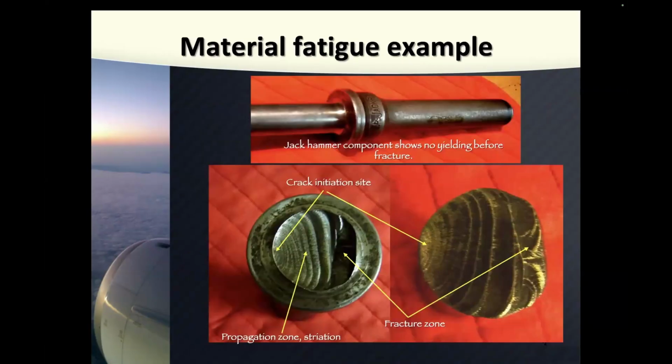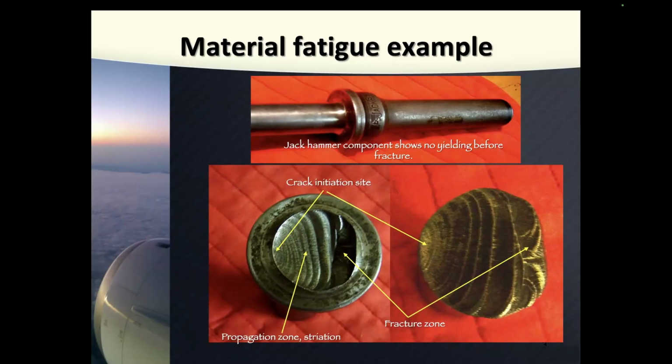You can see here some examples of material fatigue. This jackhammer component shows no yielding before fracture. But when we look at the cross-sectional area, we can see where the crack initiation site is. For some reason, this laser is not working. Okay, never mind. The crack initiation site is here.